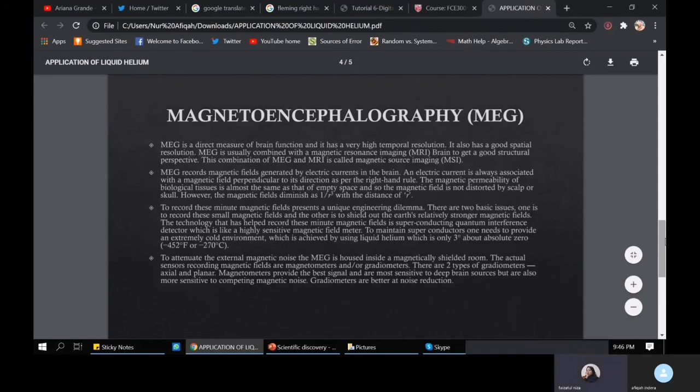To block external magnetic noise, the MEG is inside a magnetically shielded room. The actual sensors recording magnetic fields are magnetometers and gradiometers.